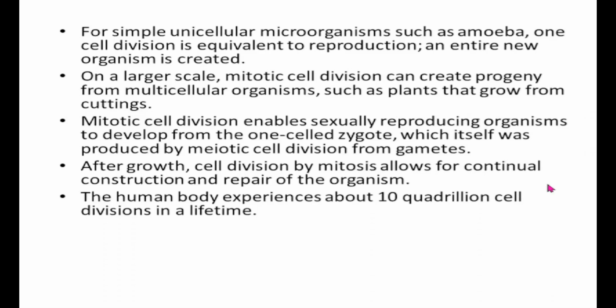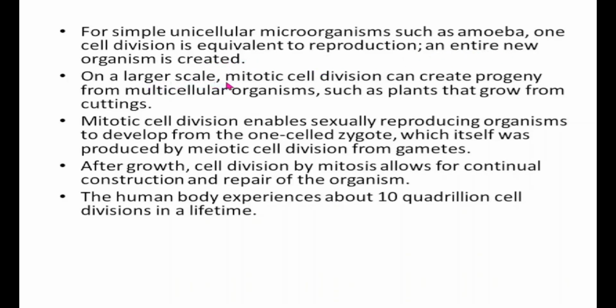For simple unicellular microorganisms such as amoeba, one cell division is equivalent to reproduction. Mitosis is important in such organisms as a means of reproduction. Therefore, an entire new organism is created.